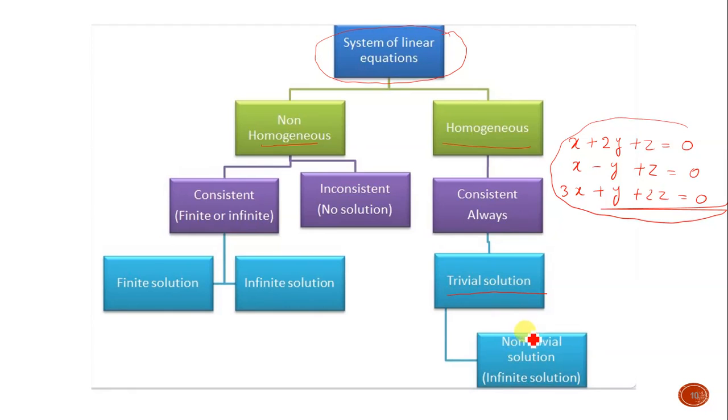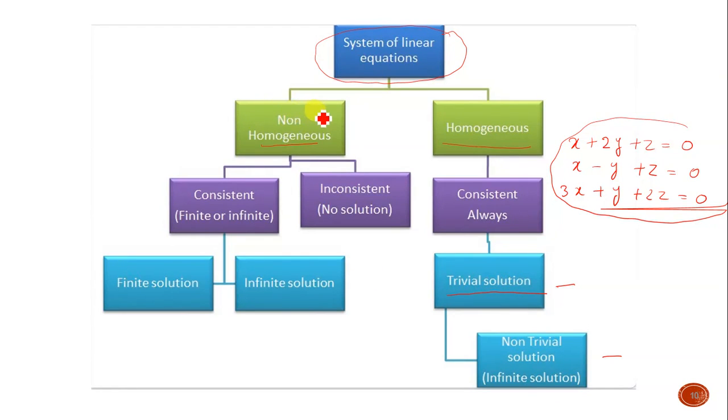And second is the non-trivial solution. This homogeneous system either has the zero solution or a non-zero solution. If it has the zero solution, it is called the trivial solution, and if it has a non-zero solution, it is called a non-trivial solution. This is actually an infinite solution.